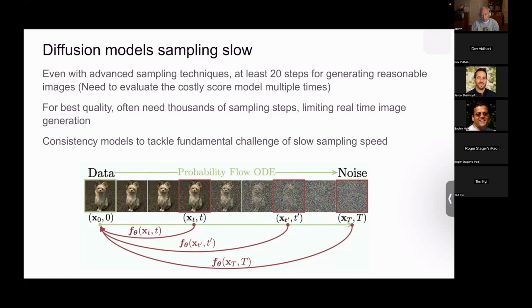And their premise is to be able to define a function, f theta, that you give it, for any trajectory that we saw for the ODE, a sample at time step t, and in a single step this f theta should map it. So, for example, at time step small t, this sample should take you directly to the original data instead of going through the sub-steps that we have in the original diffusion models.